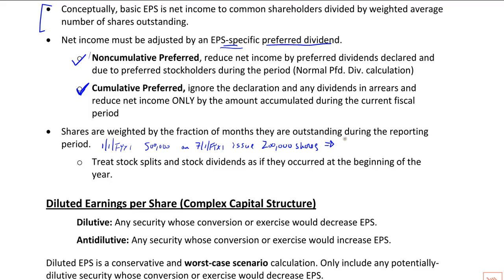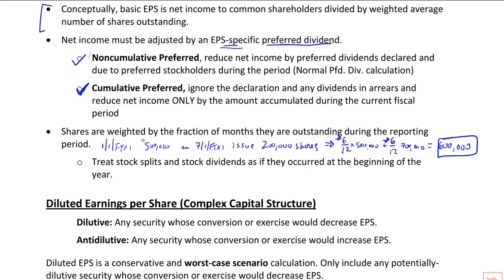Then, for 6 out of 12 months, you had 500,000 outstanding. And for another 6 out of 12 months, you had 700,000 shares outstanding. That means your weighted average shares were 600,000. Okay? So the month comes into play right there in the numerator. How many months did you have that number of shares outstanding?